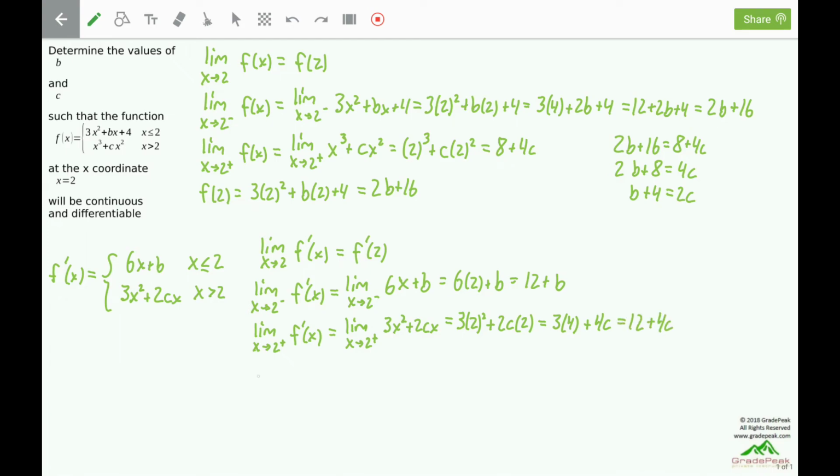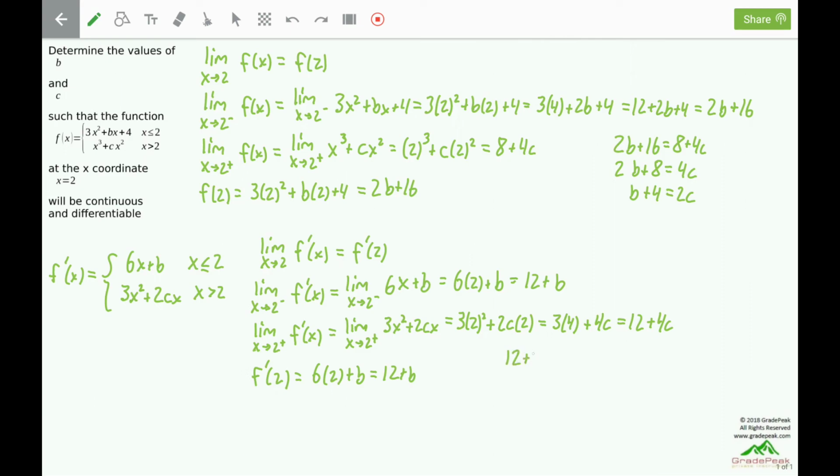We also want to look at f prime of 2, and that's going to be using the expression where 2 is included, and that'll be this expression here. So that we have 2 plugged in, and that'll be 6 times 2 plus b, which is going to give us the 12 plus b that we have for the left-sided limit. So f prime of 2 matches the left side limit, but we need the left side limit and the right side limit to match each other.